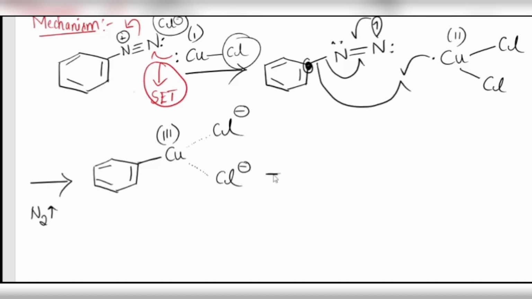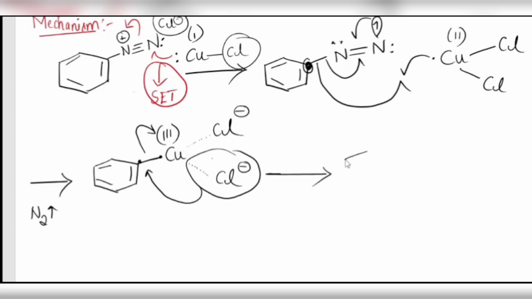And in the next step, this particular chloride is there with electron, copper is not sharing its electron, it's just an electrostatic bond. This chloride ion will attack over here, and the 2 electrons which will be present on this particular bond will go into copper.